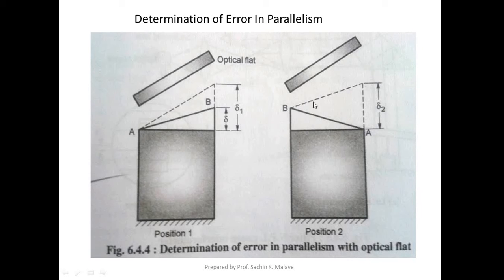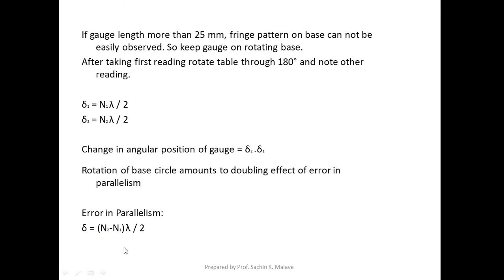So the actual error in parallelism will be the difference between the two readings, delta 2 minus delta 1, divided by 2, because the reading shown by this particular system will be double. So we can easily find out that value. The same is shown here.